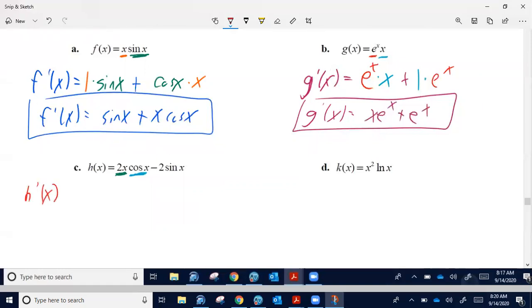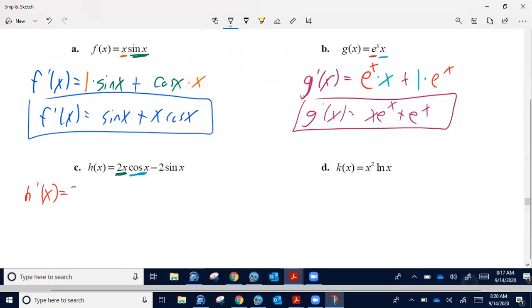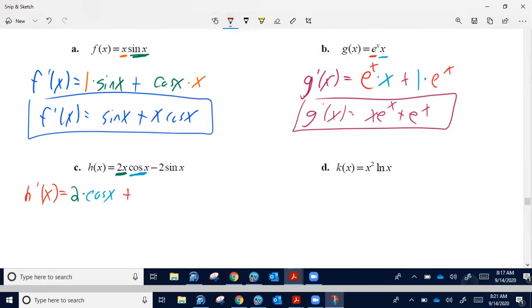This is going to be h prime of x equals, again, 2x. The derivative of 2x is a 2 times the second part unchanged, cosine of x, plus, always a plus sign in the middle, the derivative of cosine, which is negative sine, times the first part unchanged, 2x.